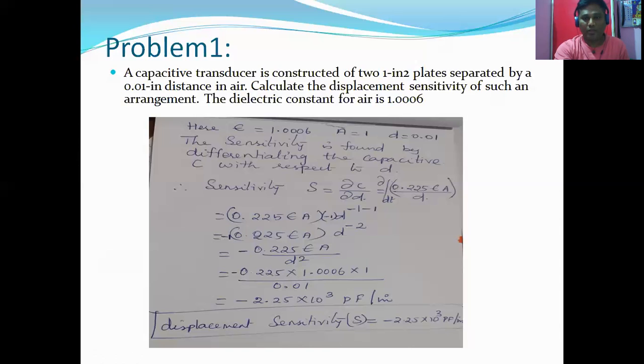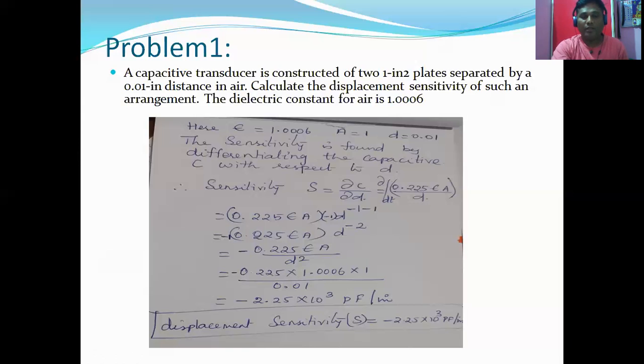So the -1 comes to the front of the values: minus 0.225 epsilon A into d power -2. D power -2 means d squared comes to the denominator. So minus 0.225 into 1.0006 into 1 divided by d, where d value is 0.01, the whole square. You got the idea?